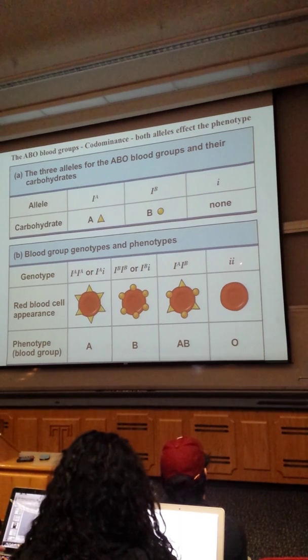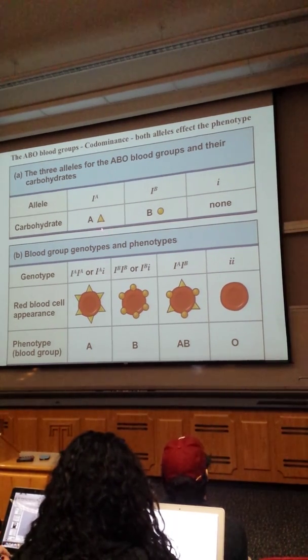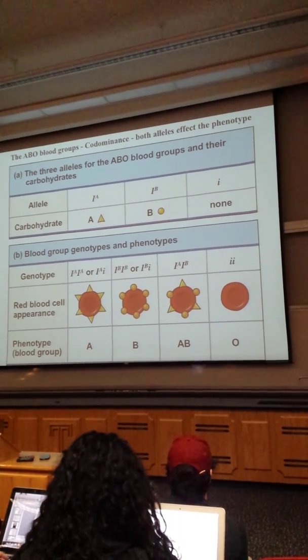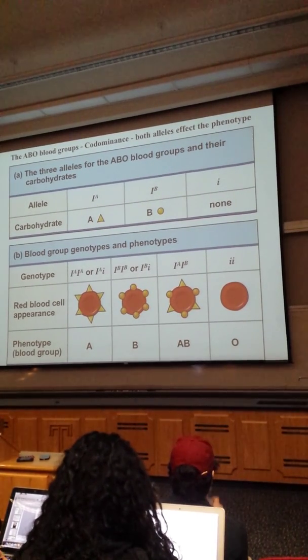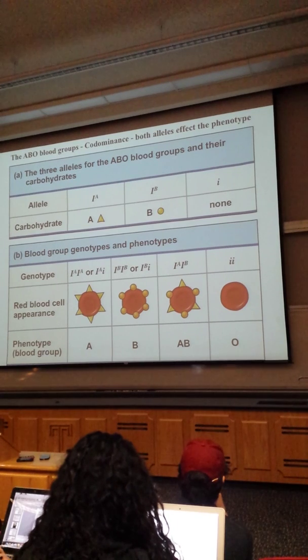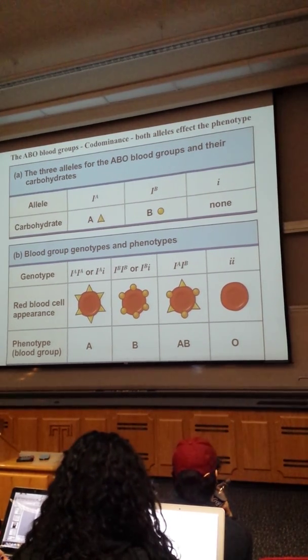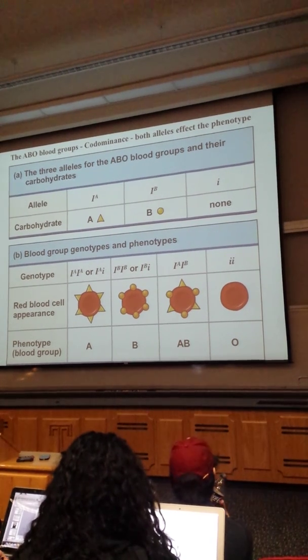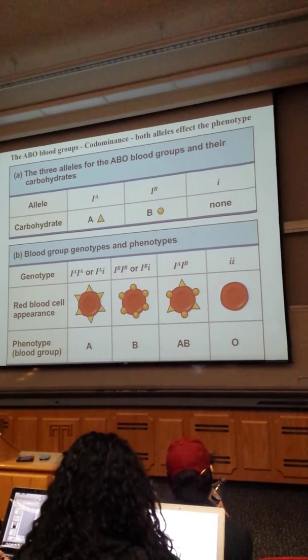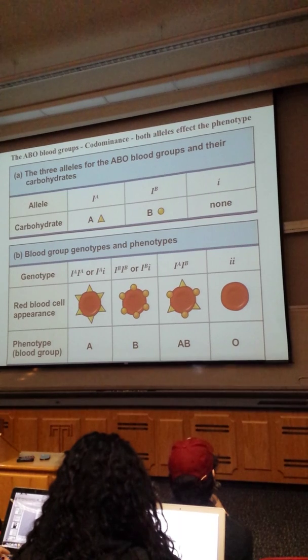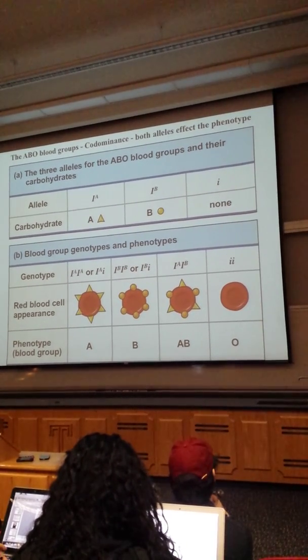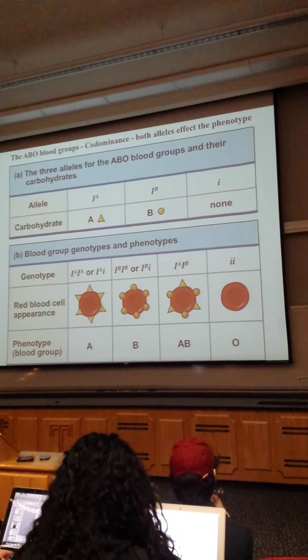Anybody can get this because there are no A carbohydrate chains or B carbohydrate chains to elicit an immune response. What is the universal acceptor? AB. Absolutely. Okay, so you know this. You're good. It's just logic. Does anybody have a question?